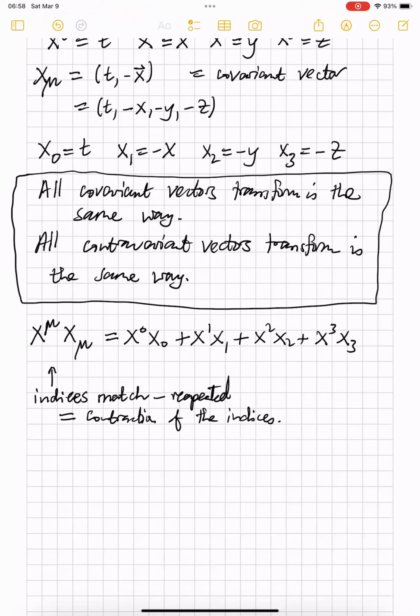This contraction of the indices, which implies a sum, is called the Einstein summation convention.